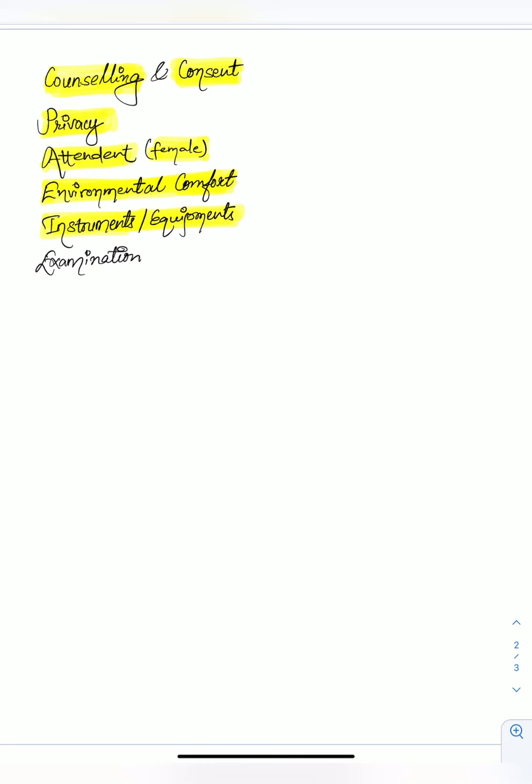For example, in case of rectal examination, there must be gloves, cotton swabs, jelly with an anesthetic, then a proctoscope, sigmoidoscope, and so on. And then finally we proceed for examination.